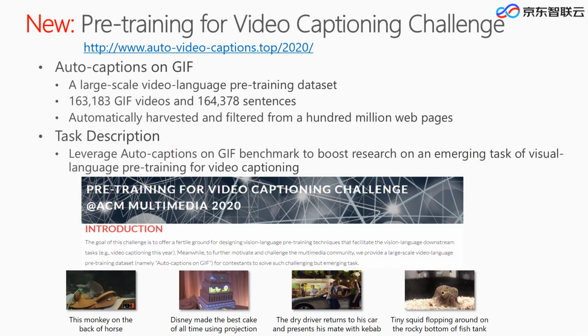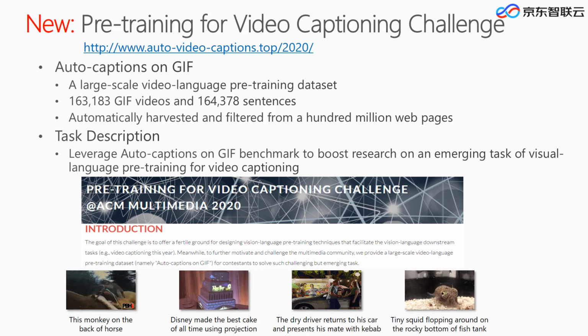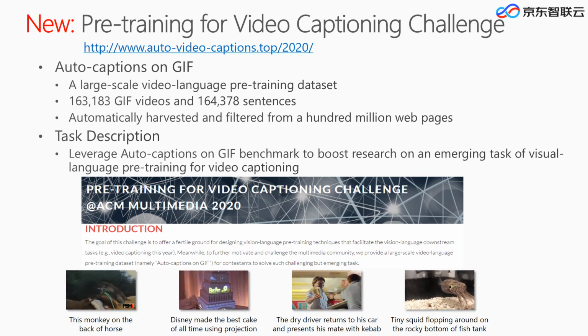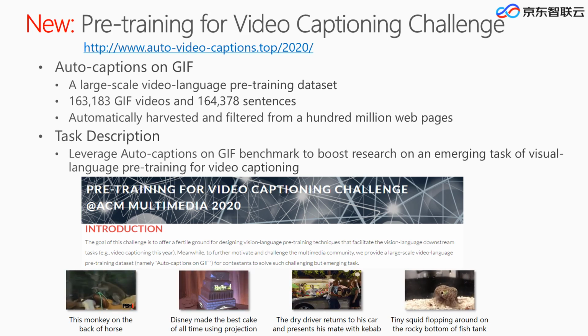The current achievements of image and video captioning techniques heavily rely on large quantities of annotated image and video sentence pairs for neural model learning, which is expensive and impractical in real-world applications.